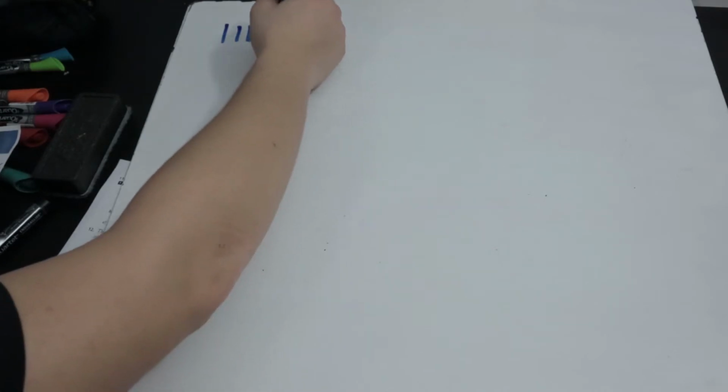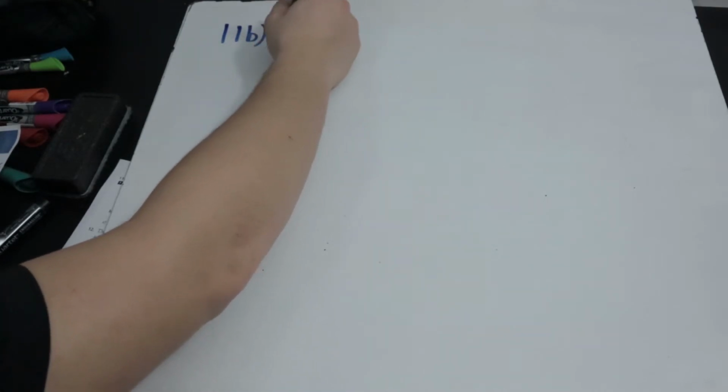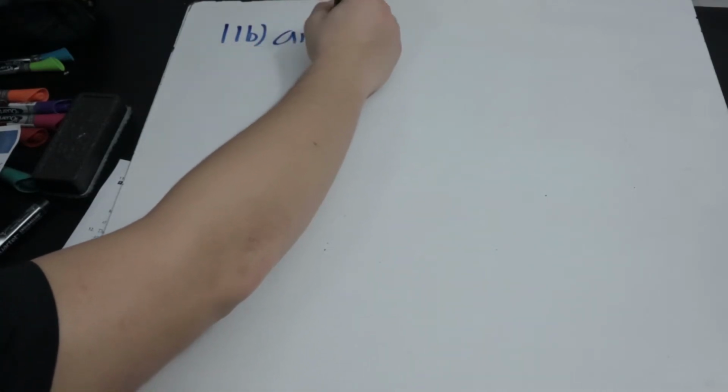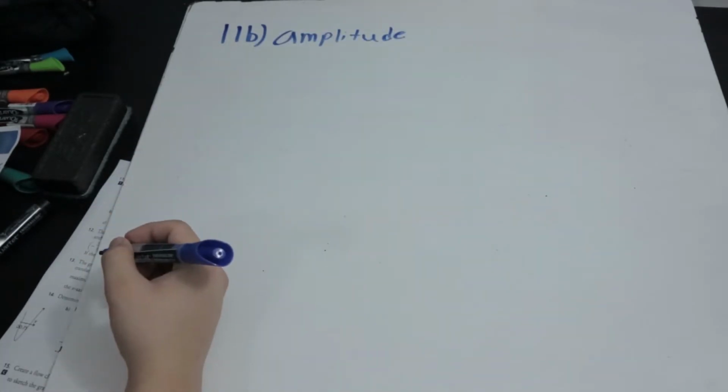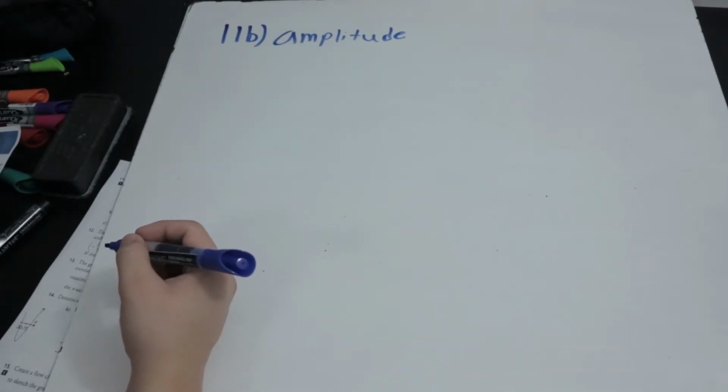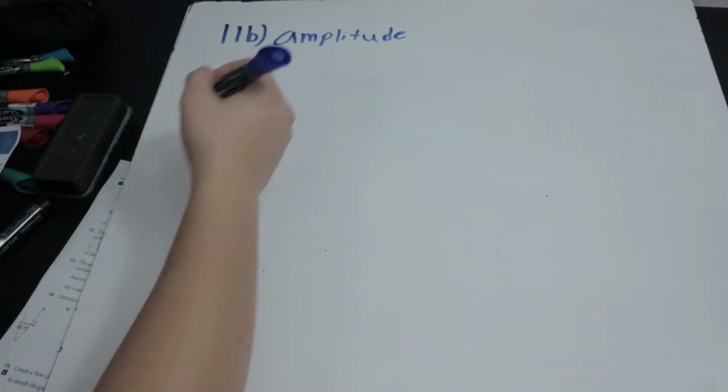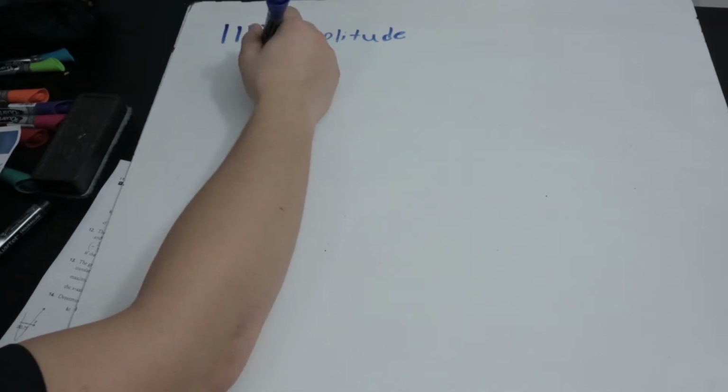For 11B, we need to do a series of 4 calculations in order to determine the transformations. First of all, we need to find the amplitude, which tells us how far the graph has been stretched or compressed, and we also need to find the b value.